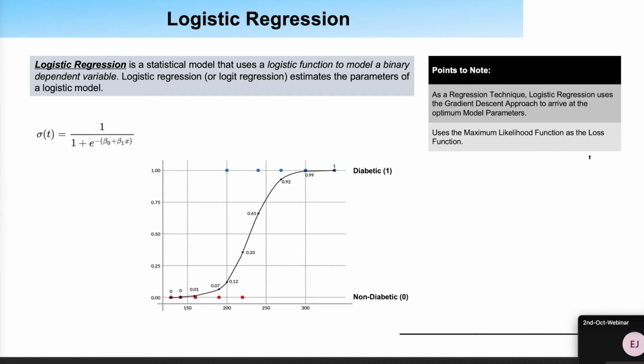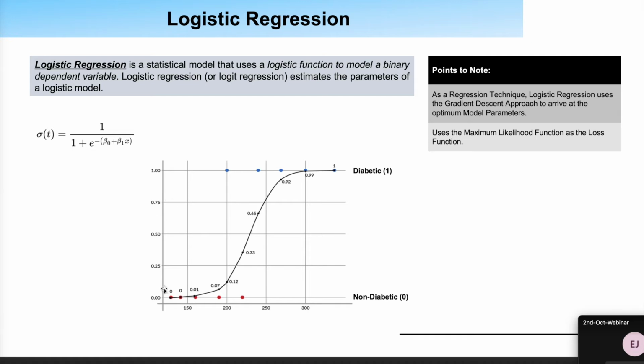Now in the logistic regression case, it uses something called a maximum likelihood function as the loss function. The maximum likelihood function is based on the probability values that it outputs from a particular combination of beta 0, beta 1, beta 2, beta 3, etc., for your output class being 1.